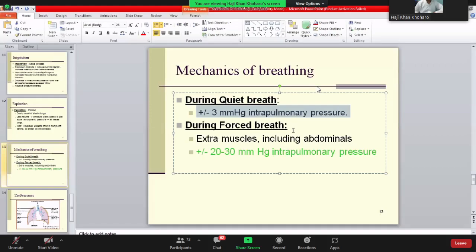As the lung expands, the intrapleural pressure may become less negative or may be 0. The net force that causes inspiration or expiration is 0 to +1, 0 to -1 millimeter mercury intrapleural pressure. This is the normal range of pressure in the pleural space. And during exercise, it may become more negative or more positive.